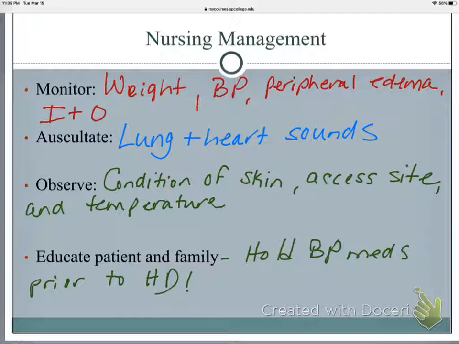Let them know about antibiotics; sometimes they'll give them towards the end of the treatment because they're dialyzed out too. And different medications can be held. So we have to watch our skin and auscultate our heart and lung sounds. Like I said, we're watching for overload before they go to dialysis, right?